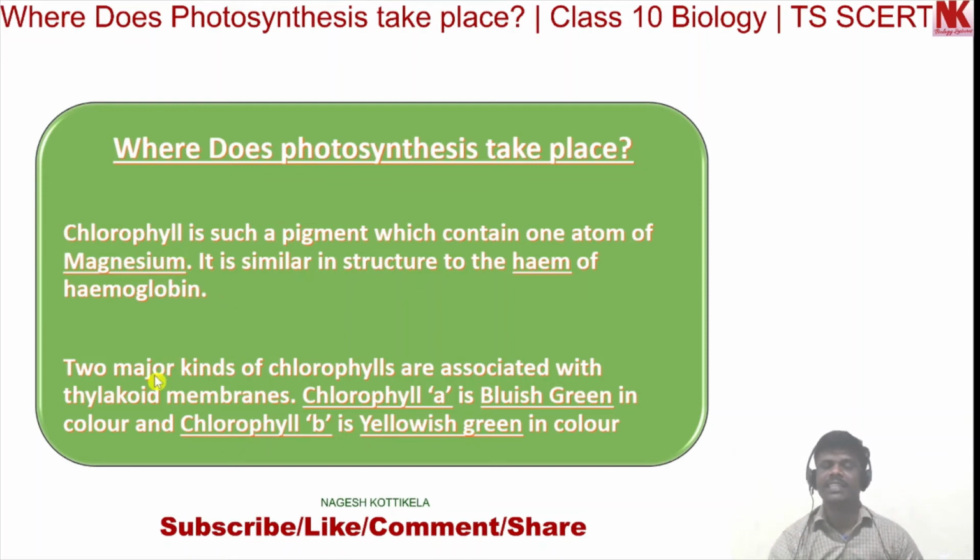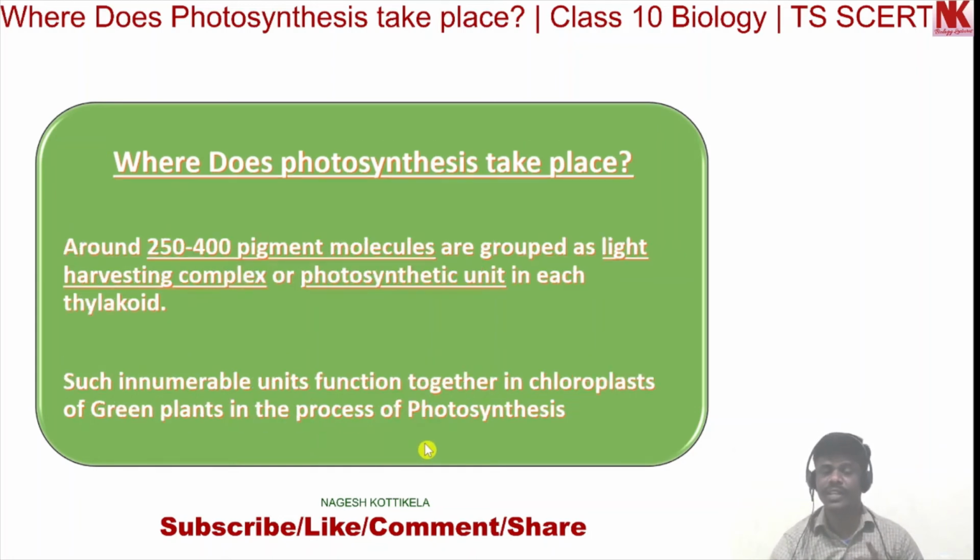Two major kinds of chlorophylls are associated with thylakoid membranes. They are chlorophyll A and chlorophyll B. Chlorophyll A is bluish green in color, and chlorophyll B is yellowish green in color. Important for your competitive exams. I repeat this once again. Chlorophyll A is bluish green in color, and chlorophyll B is yellowish green in color. Now, moving to the next.